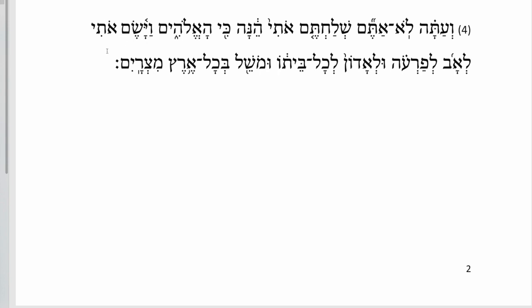And he placed oti, me, same thing that we saw back here. So, and he placed me, or set me, l'av, to a father, l'Paro, to Pharaoh. Here we might translate this, again, all prepositions in ancient Hebrew, just like prepositions with any language, we need to nuance when we translate them into English.